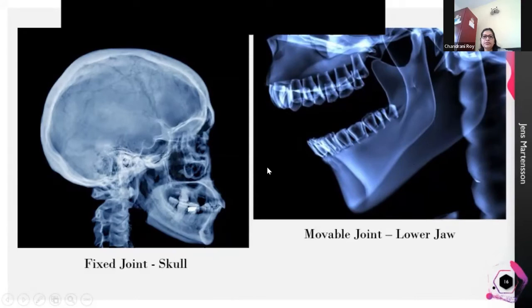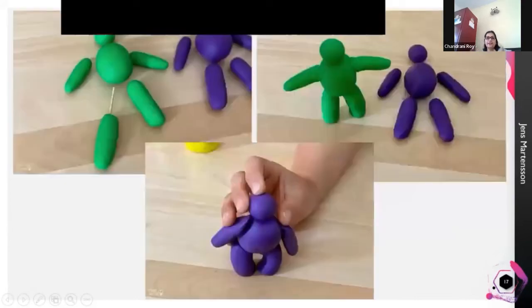In order to understand how the skull works, we can give a few parts to every group. We can give the skull to one group and they will draw the skull on a big cardboard. We can give them the size of the cardboard, and they can draw it on paper and stick it on the cardboard.